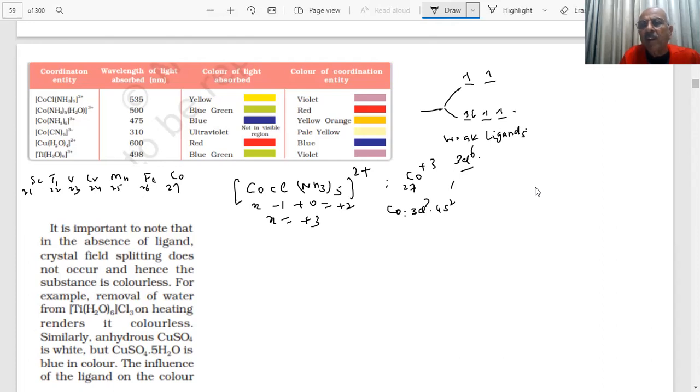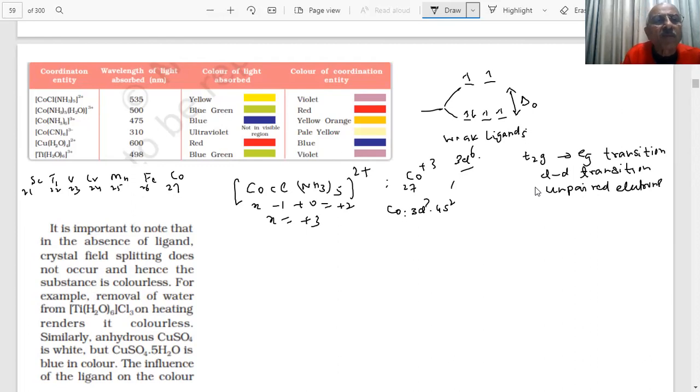They will absorb light because there are unpaired electrons, delta O. They will absorb light, student, and excitation of electron will take place. There will be a t2g to eg transition, what we call as d-d transition, with unpaired electrons, and then it will absorb.